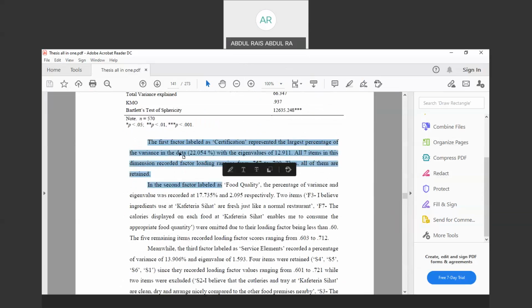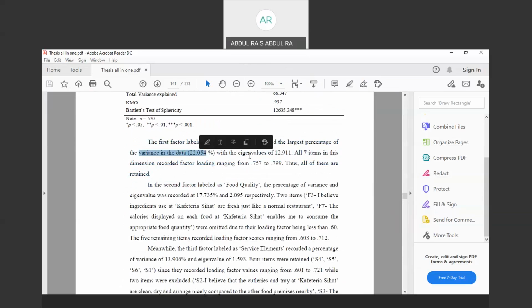This is the style that you report. Start with certification, which represents the largest percentage of variance of the data with a median value of so and so. All 7 of these items recorded loaded factor ranges, so all of them are retained.